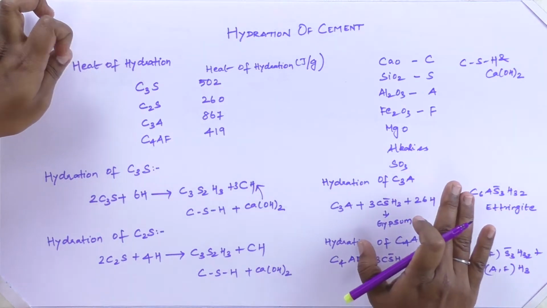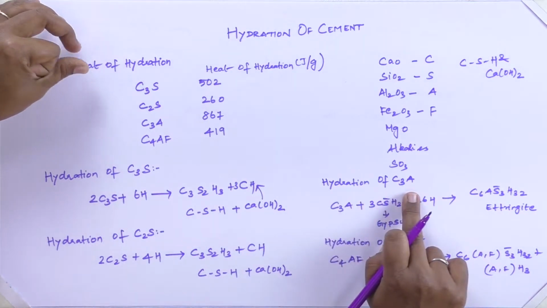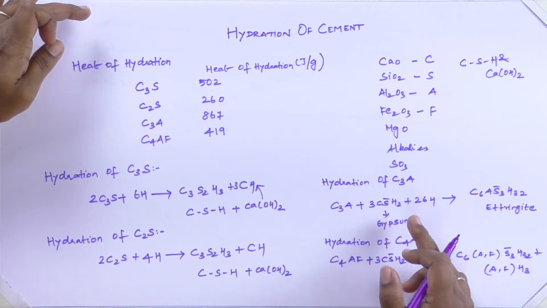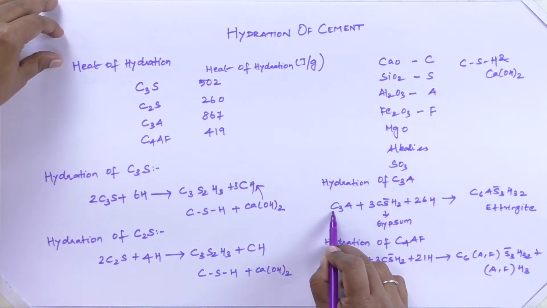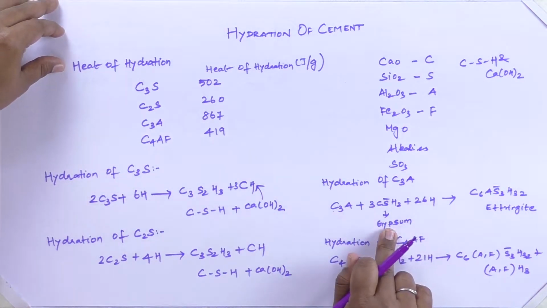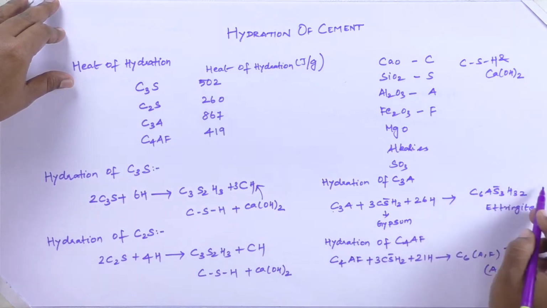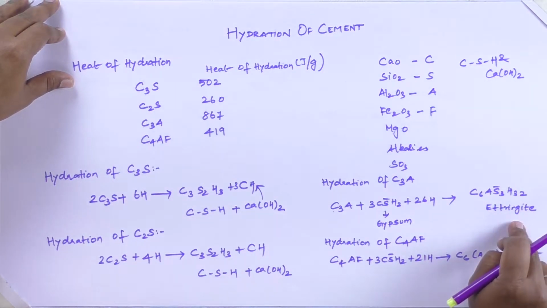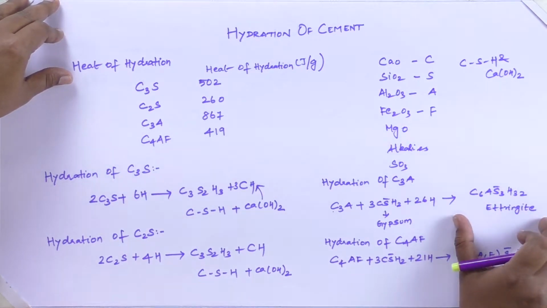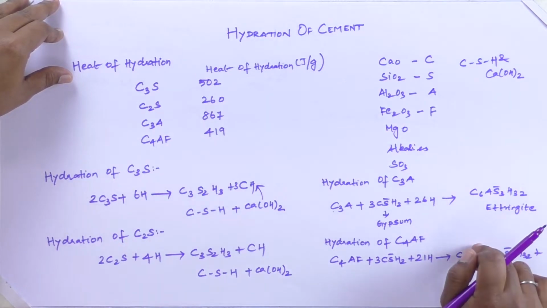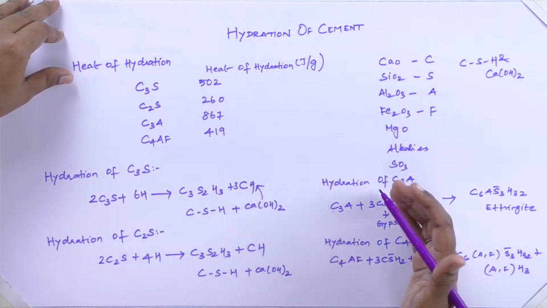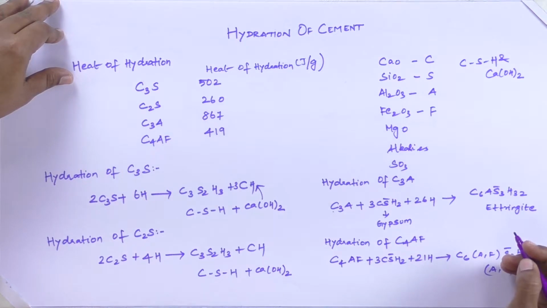And why should it be such? For that, while writing this hydration of C3A, I have told that C3A in presence of gypsum and water will form a compound called ettringite, and this is not a stable compound. Again it reacts with C3A and only forms CSH, like that I have told you.